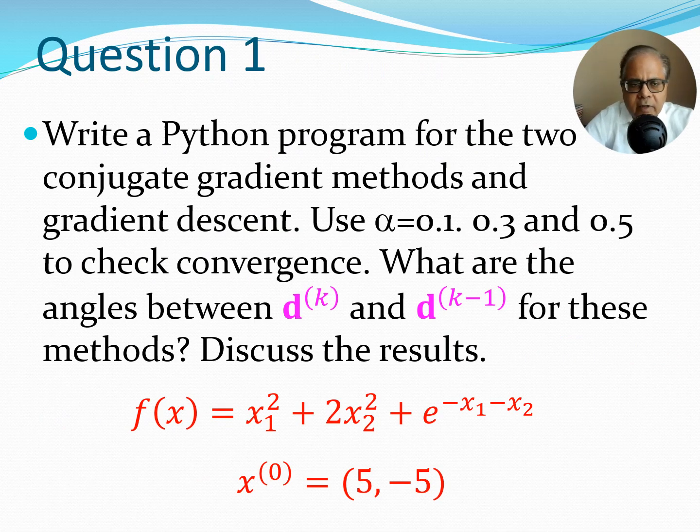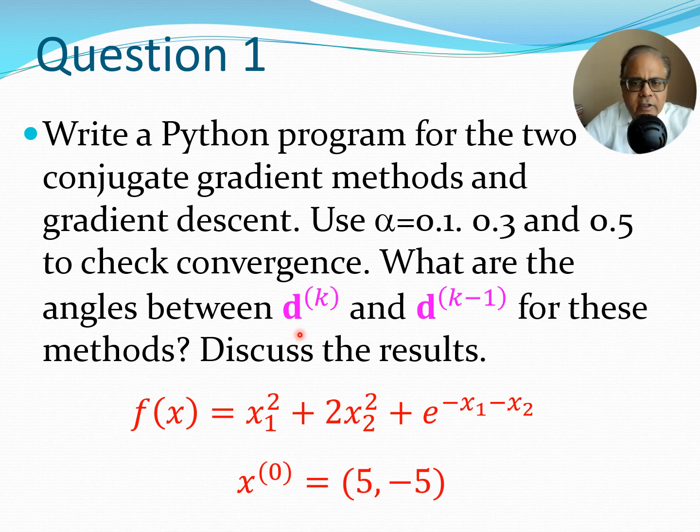So now with that background, let us come to the question which will help us build our knowledge about how this method is used in machine learning. So the question is to write a Python program for two conjugate gradient methods which we discussed before, and the gradient descent method, and we have to use the value alpha as 0.1, 0.3 and 0.5 to check convergence.